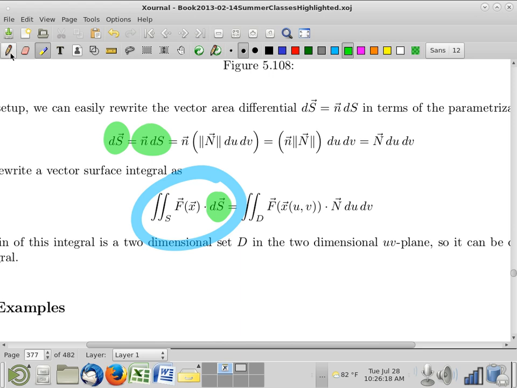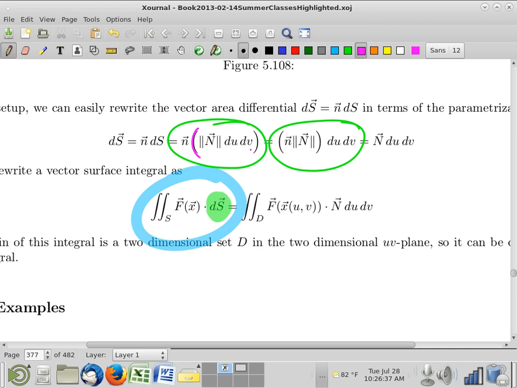Well, don't forget, old fact, ds is length of N du dv. And now, in this expression, let me just move the parentheses around. So instead of grouping those like that, let me just group those two together. Didn't really do anything. Just move the parentheses.